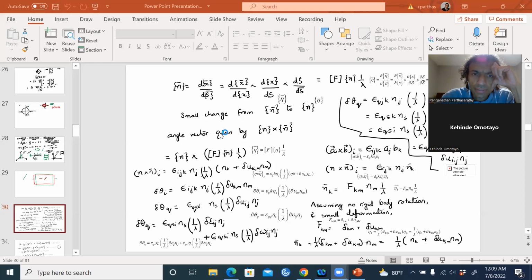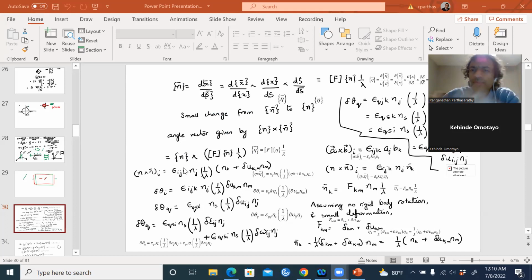So now the only thing is, again here the notation may trouble you, but what we are doing is, here is a unit vector after deformation, and the unit vector, it is n bar. The unit vector before deformation was n, right?